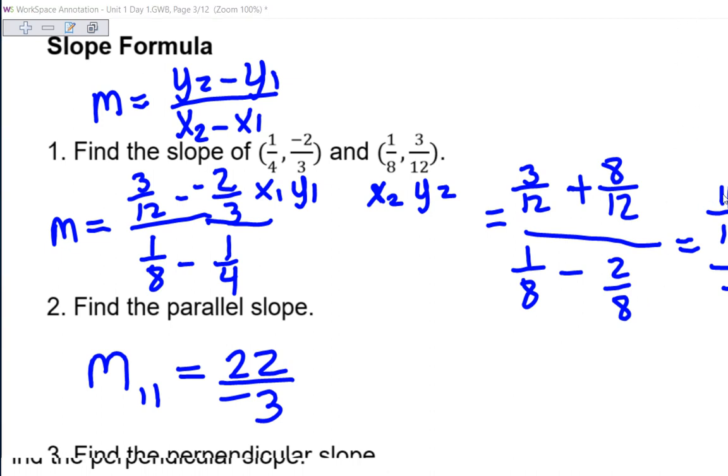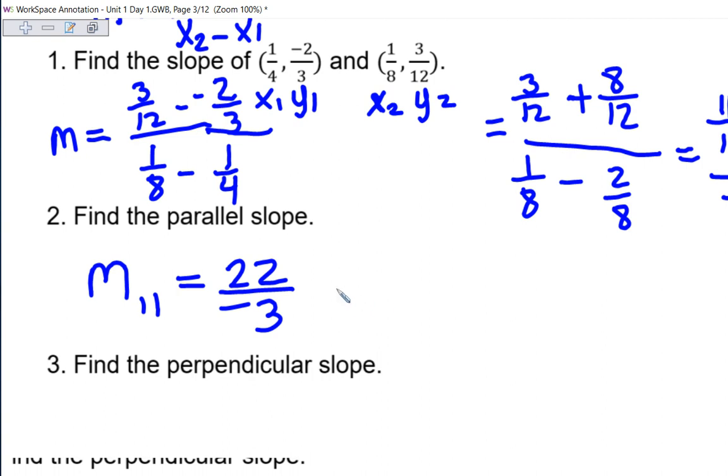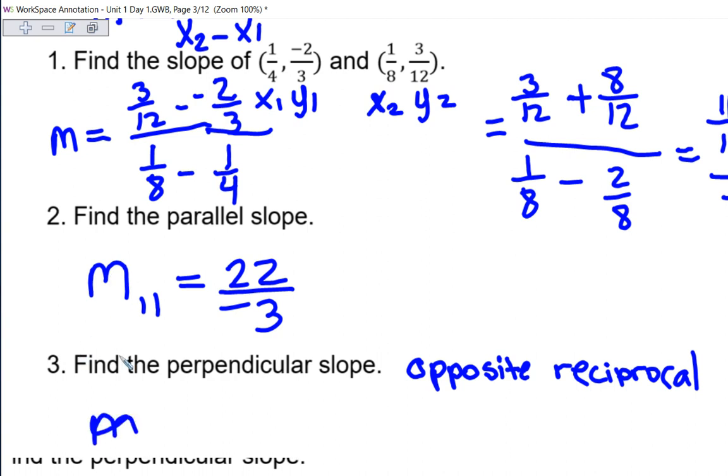What do I know about slopes of perpendicular lines? Opposite reciprocal. So I need the opposite reciprocal of 22 over -3. Again, I'm using M for slope, with a squiggle, and perpendicular is that upside down capital T. It looks like a 90-degree angle.